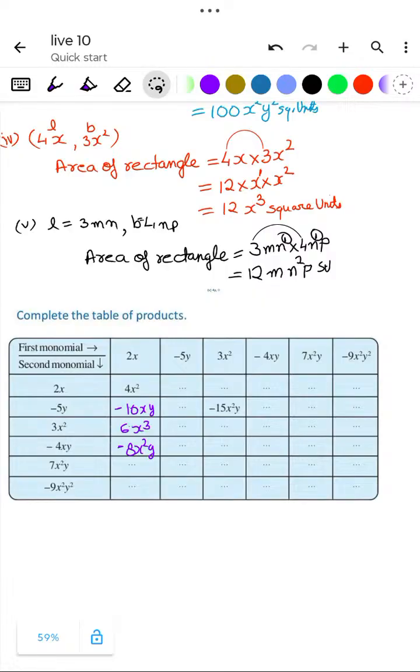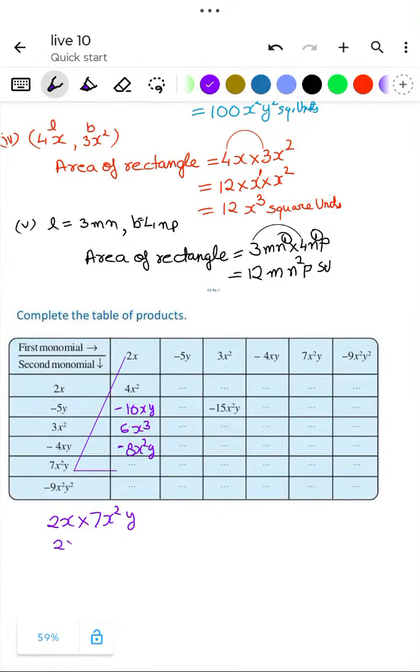Now next is 2x and 7x square y. We have to multiply 2x and 7x square y.